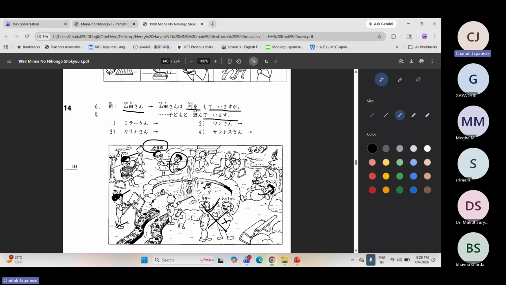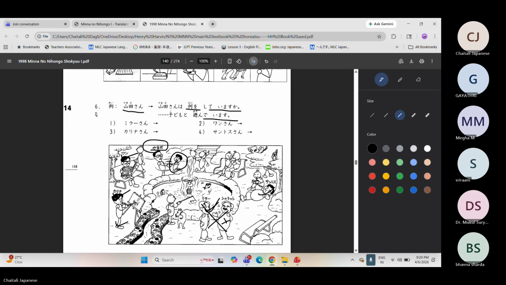And the last one, Santosu-san, he is here. He is resting. Santosu-san wa nani o shite imasu ka? He's sleeping. You can simply say he's sleeping, to make our life easy. So nete imasu. Nemasu is to sleep. Nete imasu. Or if you want to make a bigger sentence, you can say he is resting under the big tree.